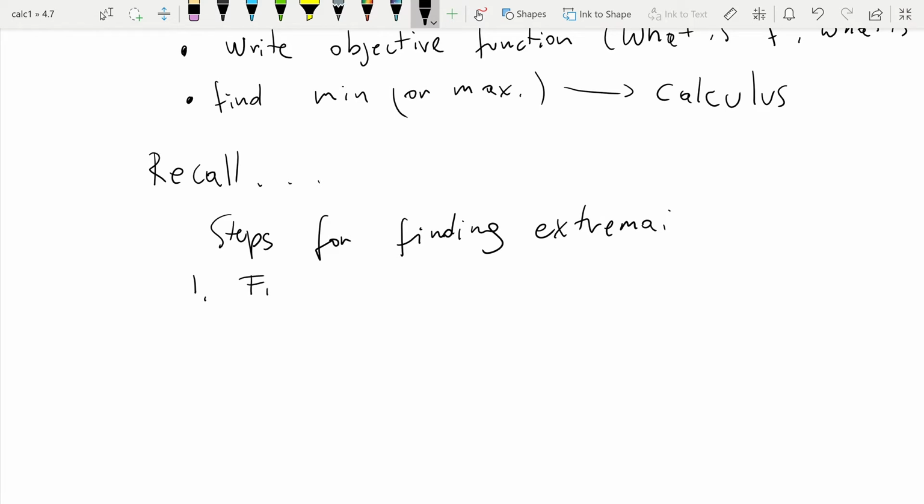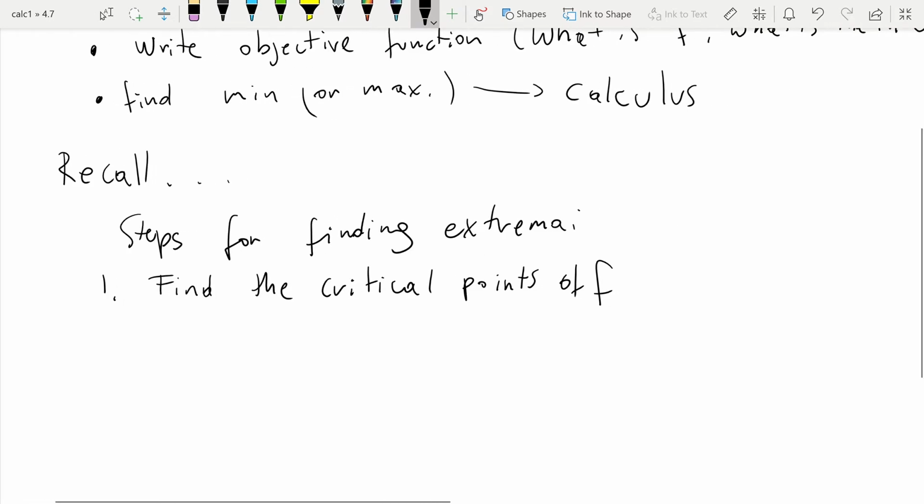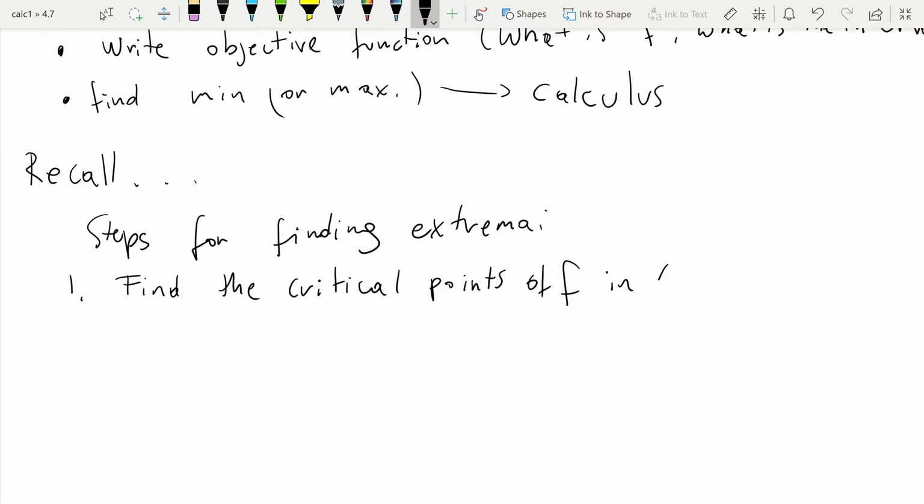So we need to find the critical points of f in AB.